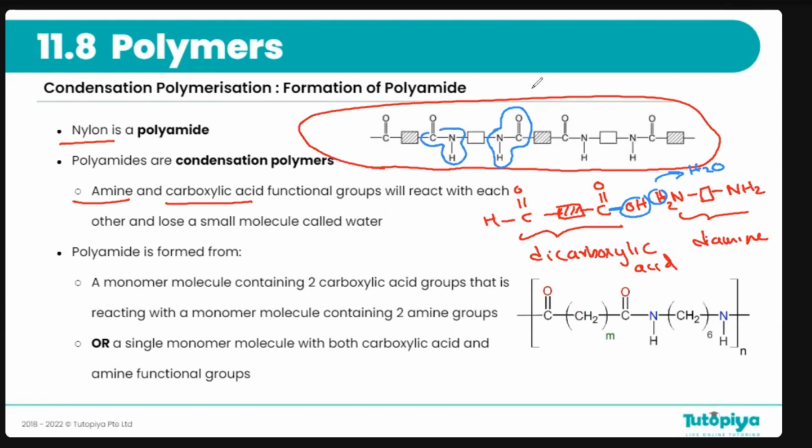So if you're asked to draw the repeating unit, you need to draw something like this. A carbonyl, double bonded C=O, bonded with a nitrogen with one hydrogen, which is bonded to its own carbon chain and nitrogen with the hydrogen. Then from this side, we have the carbon chain of the carboxylic acid.